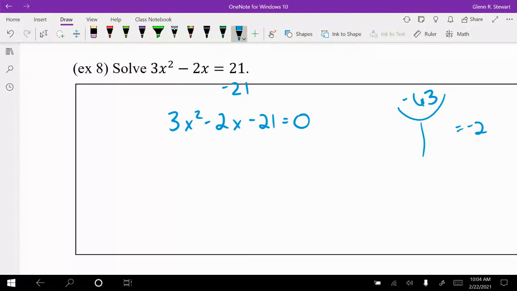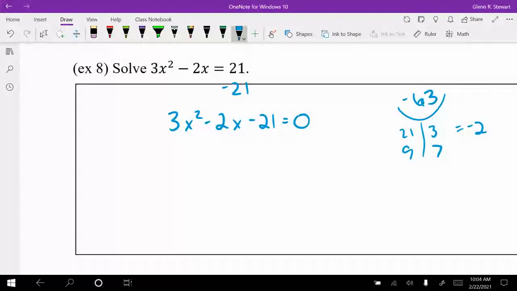I'm going to make my small U chart. And then, of course, I go down through each of these. So let's see here. 63, 21, and 3, 9 and 7.